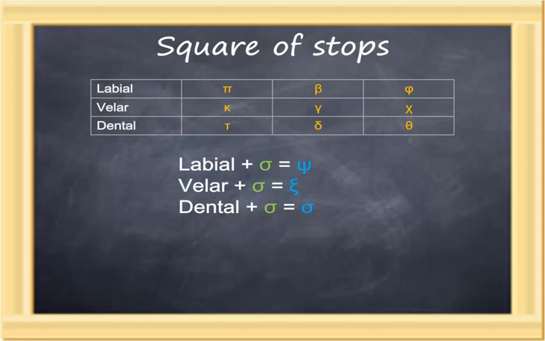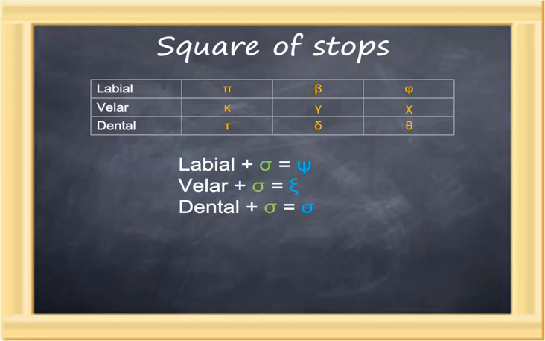The velars, those sounds made down in the throat, kappa, gamma, and chi, when a sigma is added to any of those, it becomes a xi. So kappa plus sigma is xi. Gamma plus sigma is xi. Chi plus sigma is xi.